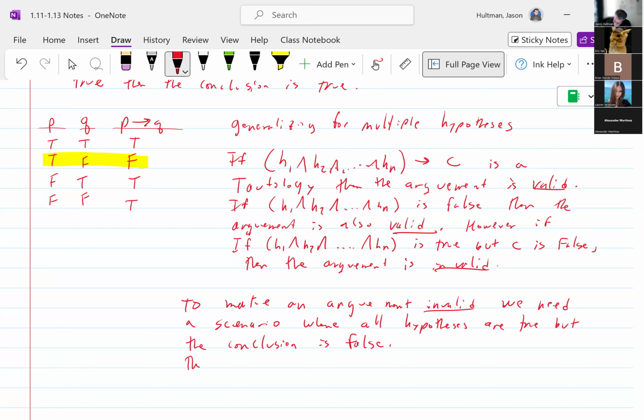That is, T and T and T and T, all the hypotheses are true, but that implies a false conclusion. Okay, or T implies F, okay, which is false.